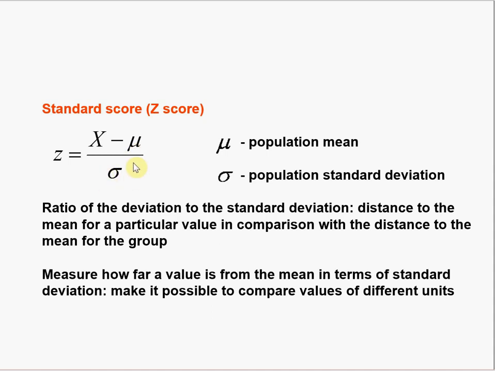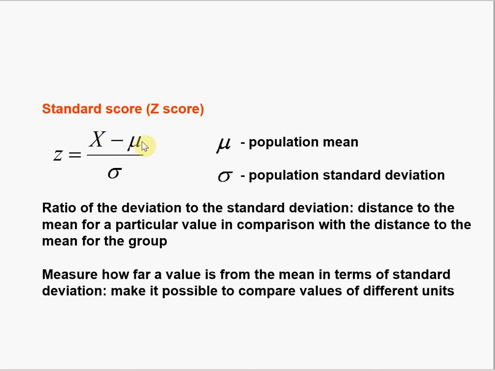At the bottom is the population standard deviation. Mu is the population mean. So the value of a particular variable minus the population mean, this is a deviation, divided by the standard deviation. Standard deviation refers to the difference from the mean for the entire group. For the entire group, deviation is the distance from the mean for a particular value in the distribution.